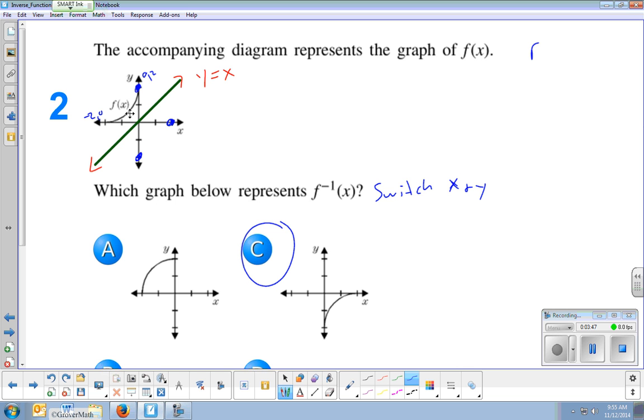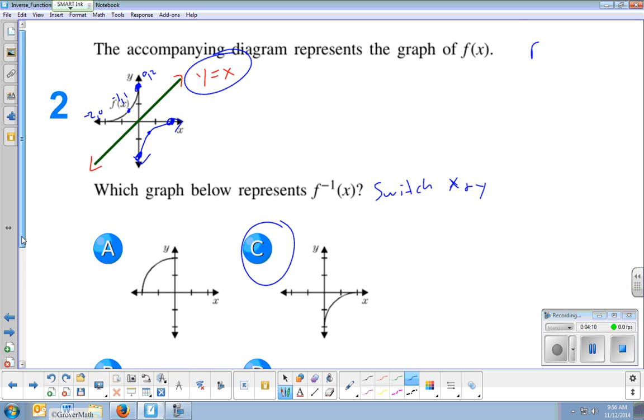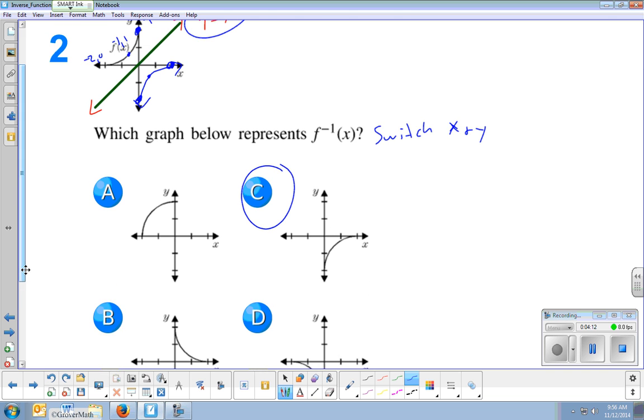And then, just to make it easy, let's say this is (negative 1, 1). It's probably not exactly like that, but then we'd want (1, negative 1), which would be the inverse of that. So you can visually think about reflecting over the line y equals x, but you could also switch any x and y coordinates you have and plot the new graph as you go. And so that's why the answer here is definitely C.